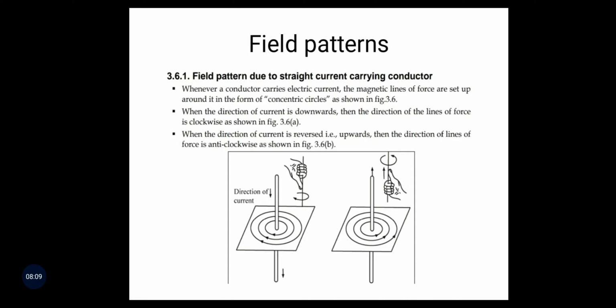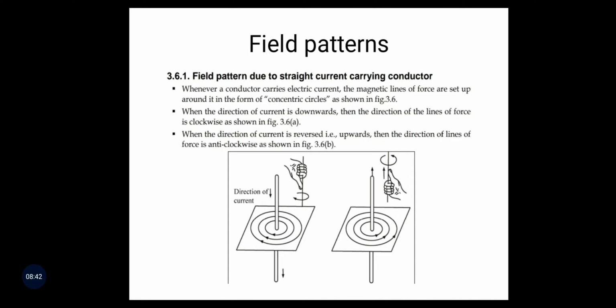If the current carrying conductor is straight in nature, then concentric circles are produced. The magnetic flux nature is concentric circles.